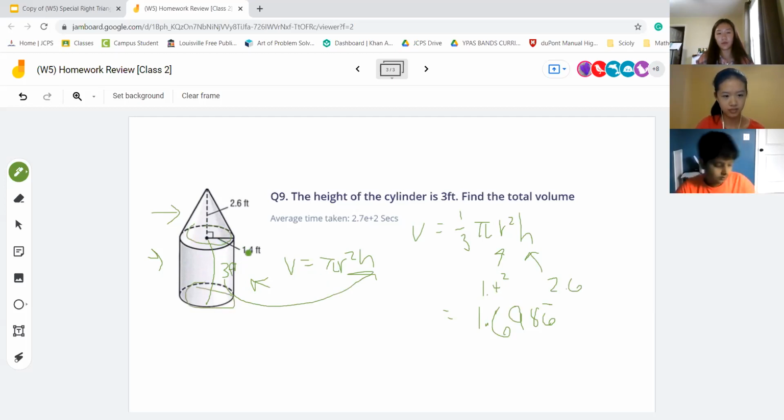So I put in 1.4 here: 1.4 squared times 3. That gives me 5.885.